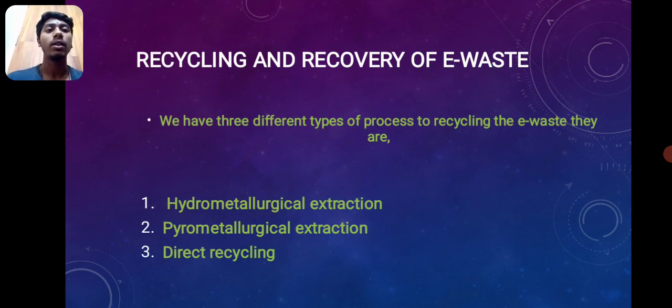Let us see the recycle and recovery of e-waste. How to do recycling or recovery of electronic wastes. We have three different types of processes for recycling e-waste: first, hydrometallurgical extraction, second, pyrometallurgical extraction, and third, direct recycling.